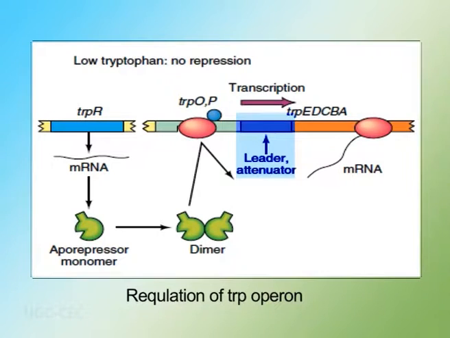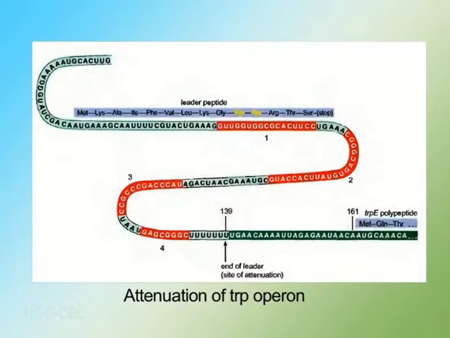So in the trp operon, you will see that between the structural genes and the promoter region, there lie sequences called the leader sequence and the attenuator sequence. What is the function of the leader sequence and the attenuator sequence? In the leader region, there are certain nucleotide sequences which have internal repeat sequences.